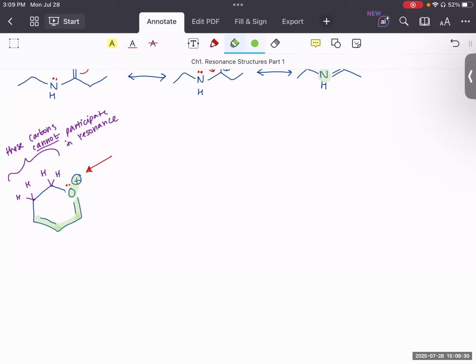And so we can use that double bond to shift the electrons up to the oxygen. And so now that oxygen ends up with 2 lone pairs.